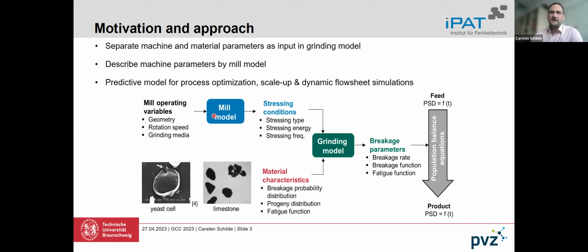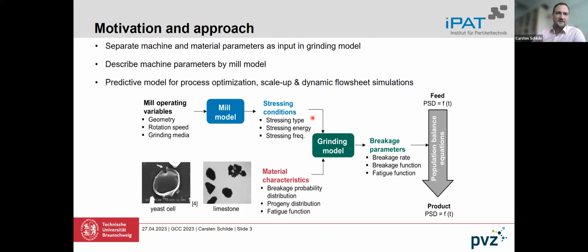And depending on these parameters, we end up with certain stress conditions. Is it more due to compression or due to shearing or impact? Typically in stirred media mills, we are more related to compression between surfaces, between the grinding beads. And these grinding beads have in the mill a certain kind of stress energy distribution and a certain stress frequency, and this defines our machine model.